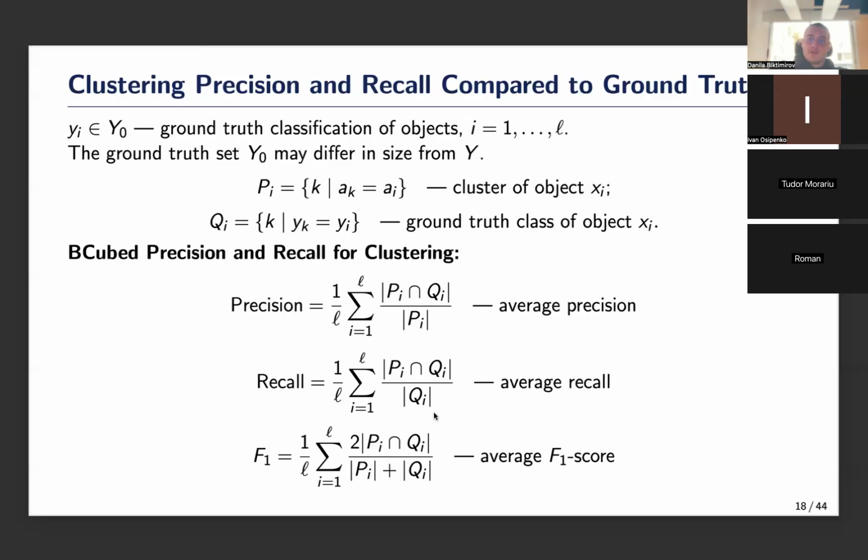If recall is high but precision is low, this means the algorithm groups multiple classes into one large cluster, failing to separate them correctly. And a high F1 score means that the clustering closely follows the true class structure. So this method of quality assessment allows us to quantify clustering performance objectively, even when the number of clusters differs from the number of true classes.